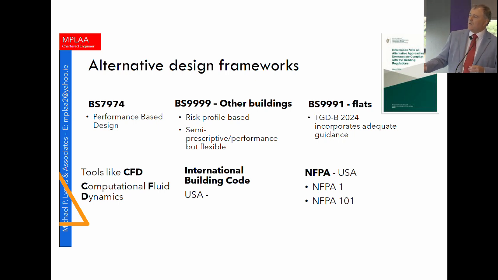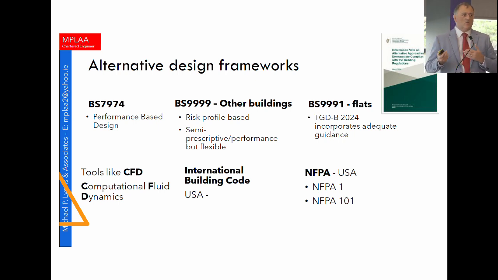There are other ways of doing it in terms of performance, and you can use computational fluid dynamics and computer programs to design your means of escape and to show how compliant it is. There's also American codes. Now, there's the International Building Code, but that's really an American code. It's called international, but it's actually based in Illinois in the United States, and it's really only used in North America.